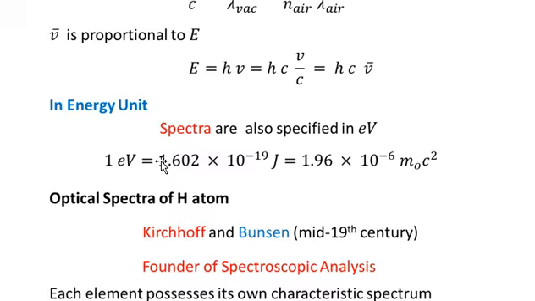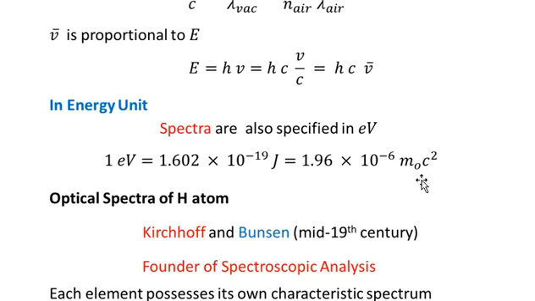So sometimes you can use energy units in electron volts, and you can find the relationship between the electron volt and the joule through this relationship. You can also find the relationship between one electron volt and the units of 1.96 times 10 to the power minus 6 times m naught c square.